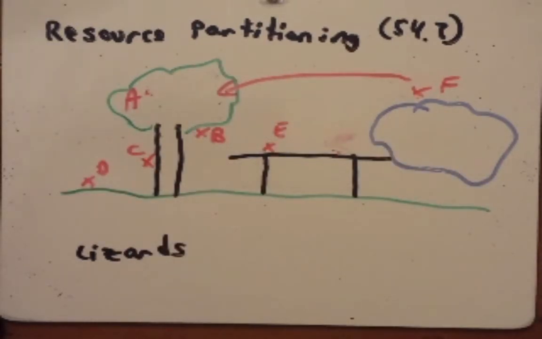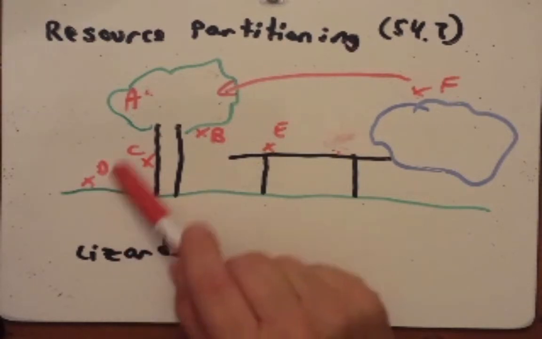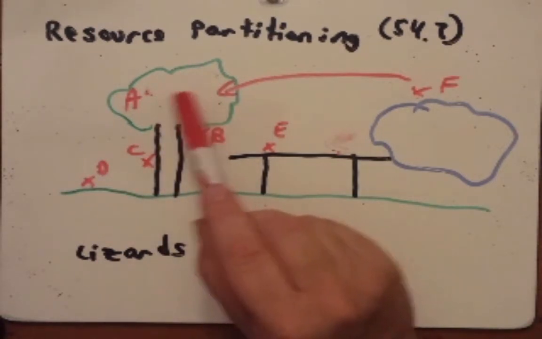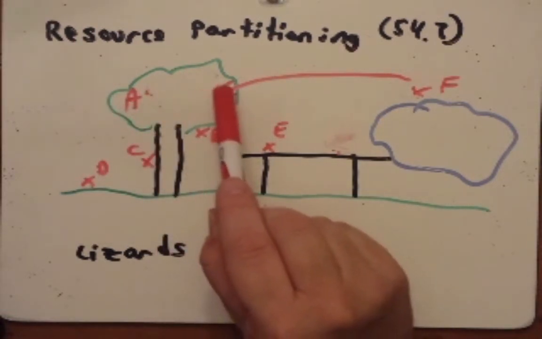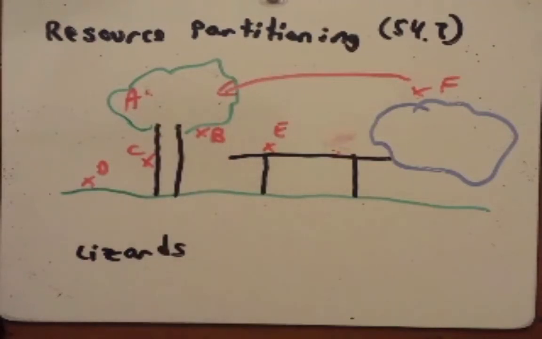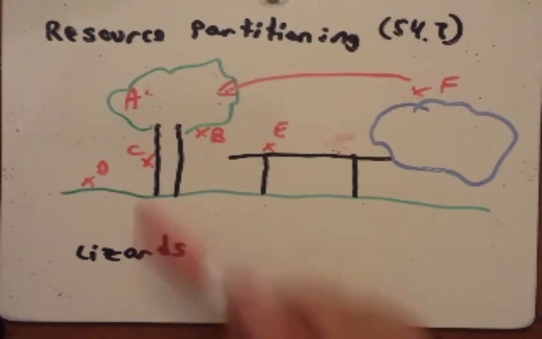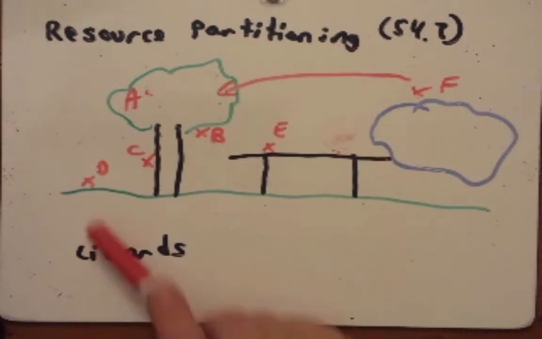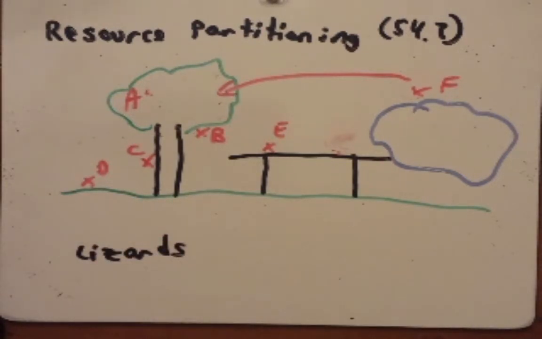You can also think of resource partitioning not just in these geographical definitions, but based upon time of day that they feed. So you may have multiple species of lizards that operate in this niche, but they use it differently. Maybe one feeds at night, one feeds in the day. You may have species down here in D, multiple species in the grass, but maybe they eat slightly different kinds of food.